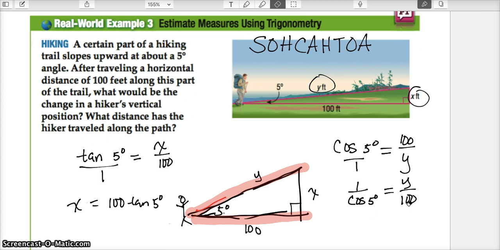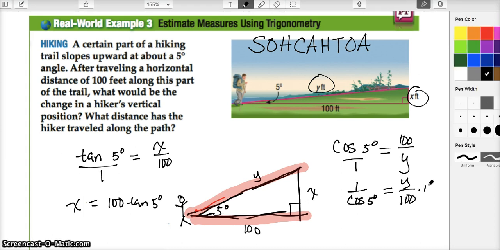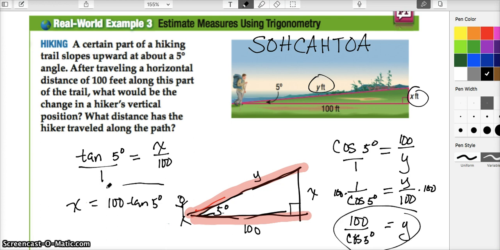Who's bothering y? That's 100. So I'm going to multiply both sides by 100. Notice I get y alone, and y is equal to 100 divided by the cosine of 5 degrees. Again, this is now calculator ready for me to just plug into my calculator and solve. So now let's go over to Desmos.